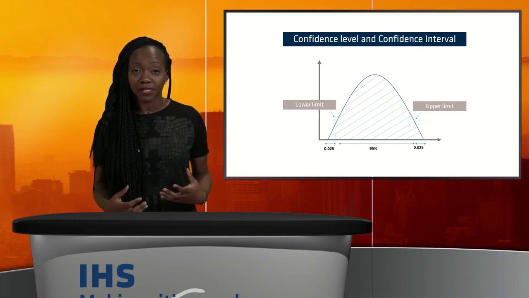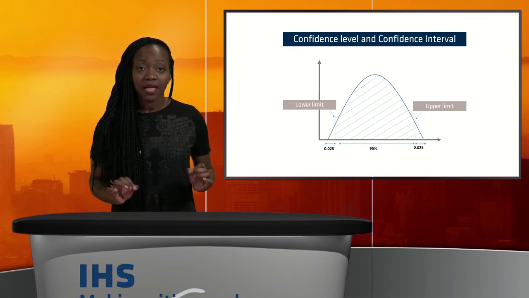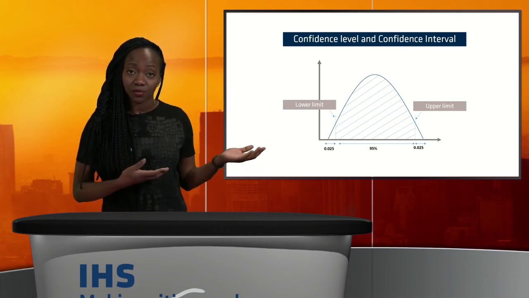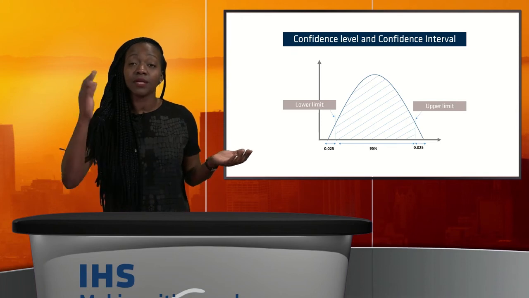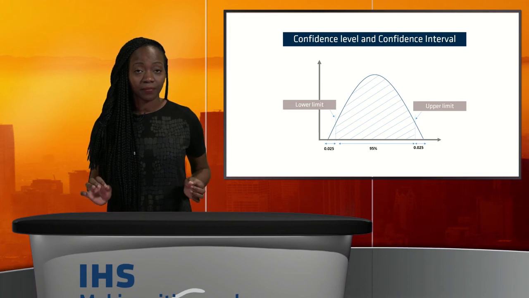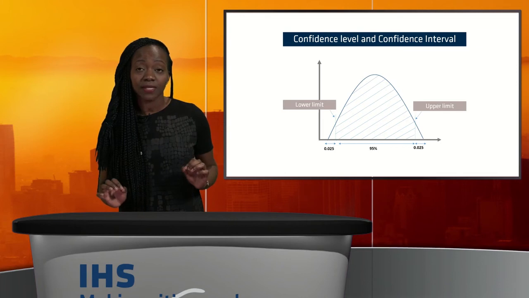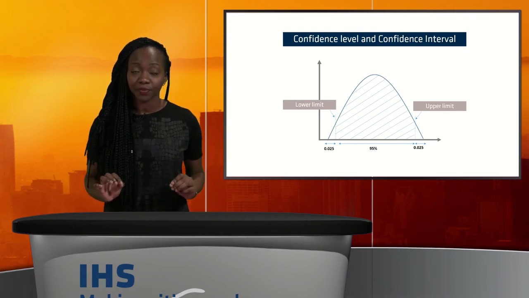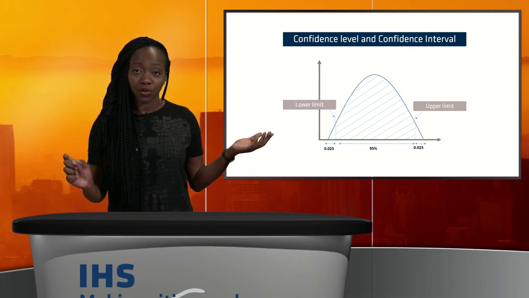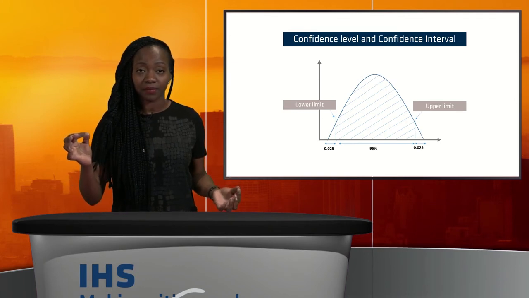At 95% confidence interval, there is a specified probability that the value of the parameter lies within the shaded range. Anything beyond the shaded range turns out to be insignificant. The significance level is 5%, or otherwise 0.05. This is derived from summing up the two tails as shown here. That is the lower limit and the upper limit.